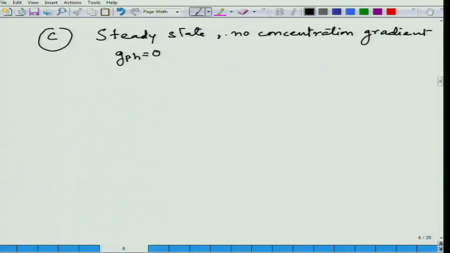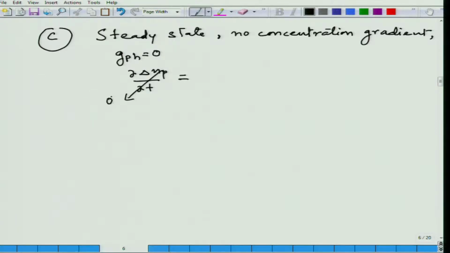If I am looking at this situation, then what happens to the solution? I am left with basically del, the left hand side is equal to, this is actually already steady state.